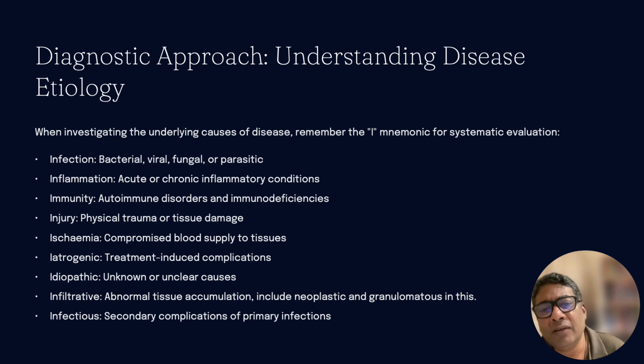Now, I have used this mnemonic of I's for systematic evaluation. For any patient who is deteriorating or critically unwell, I run through these I's. It could be infection, inflammation, immunity issues, autoimmune or immunodeficiencies, injury issues, physical trauma or tissue damage, ischemia, iatrogenic, idiopathic, and infiltrative or infectious, which means secondary complications or primary infections.